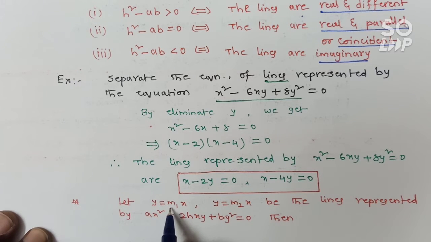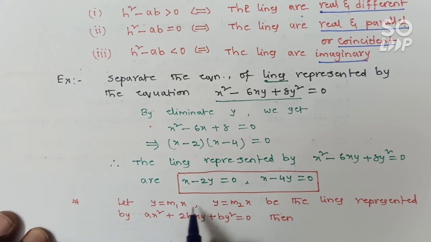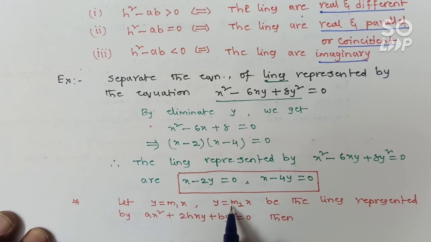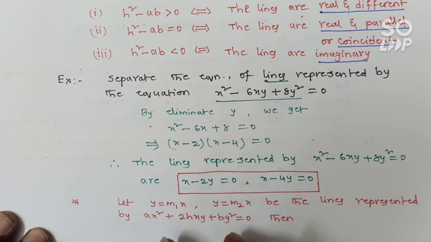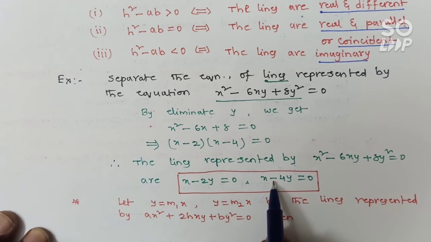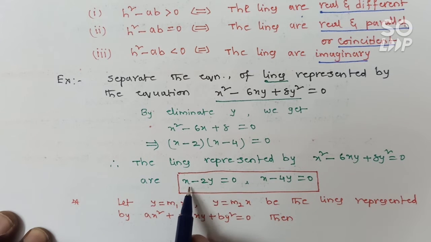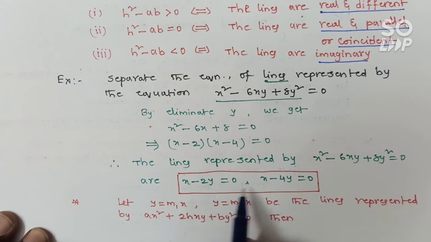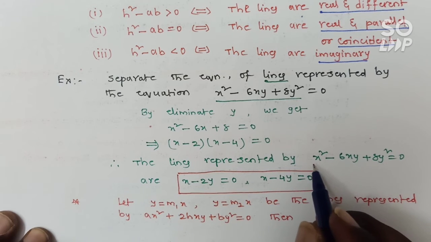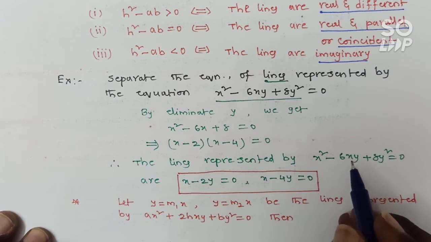What is meant by m1, m2 in both equations? m1 is the slope of the first line, m2 is the slope of the second line. If these two are represented by this equation, the product of these two will be equal to this equation. See the above example. If you multiply x minus 2y is equal to 0 and x minus 4y is equal to 0, again we will get the given equation.